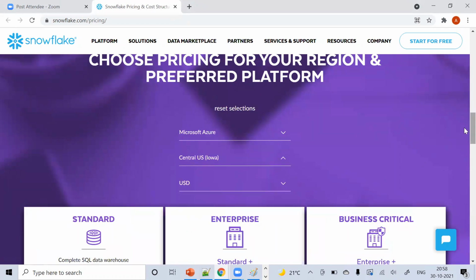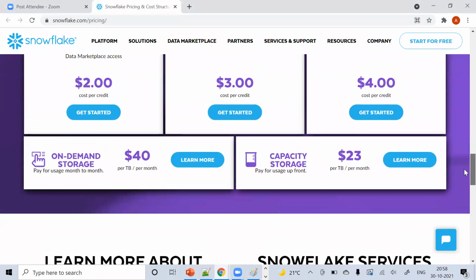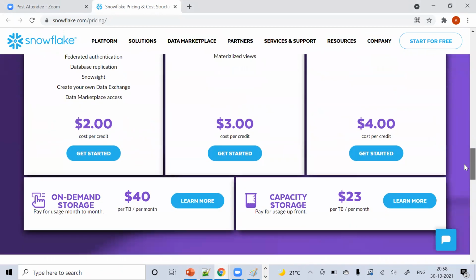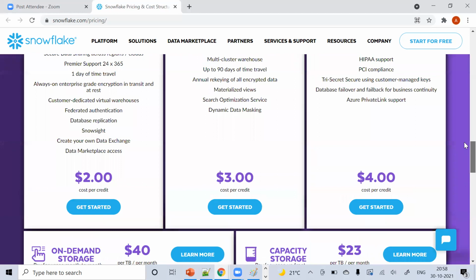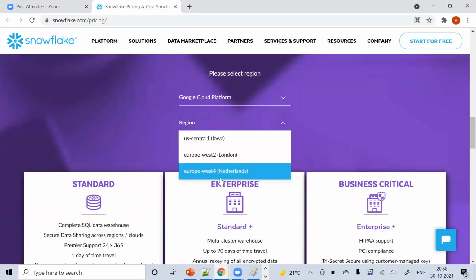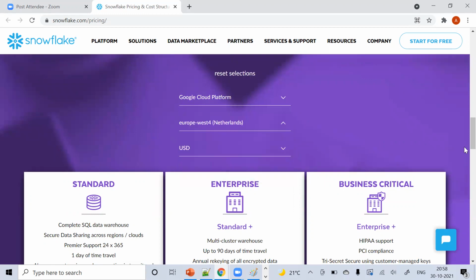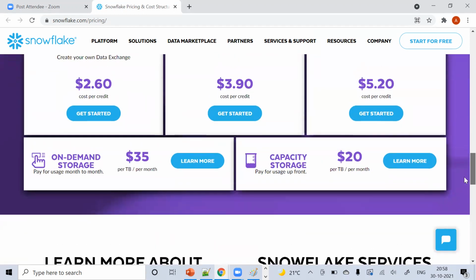Iowa. Okay, they also have the same. Okay, see, there's a change: $35 and $20.